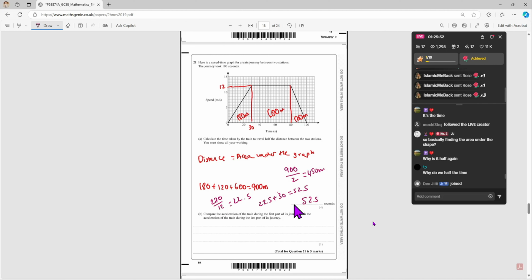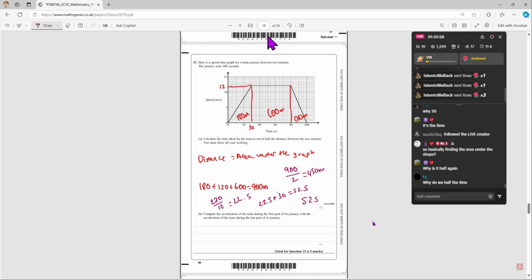Actually, what you do is that you need to work out half the distance, right? Basically, to work out the number of seconds, because it's half the distance, you do 270 divided by 12, as you can see, we have this.